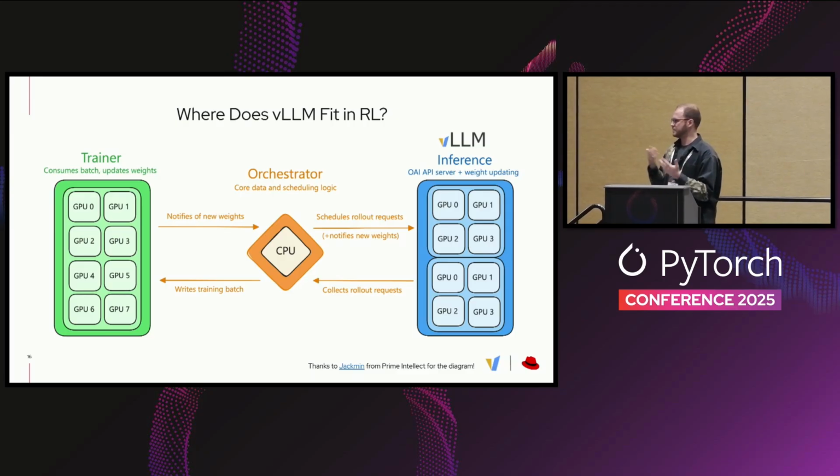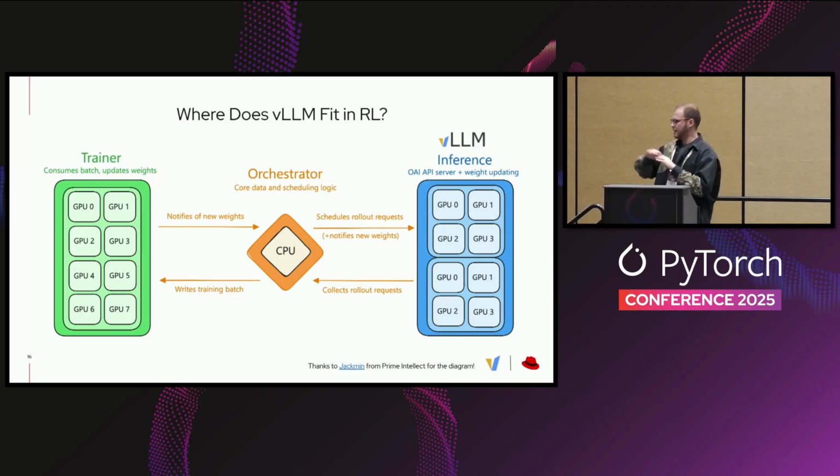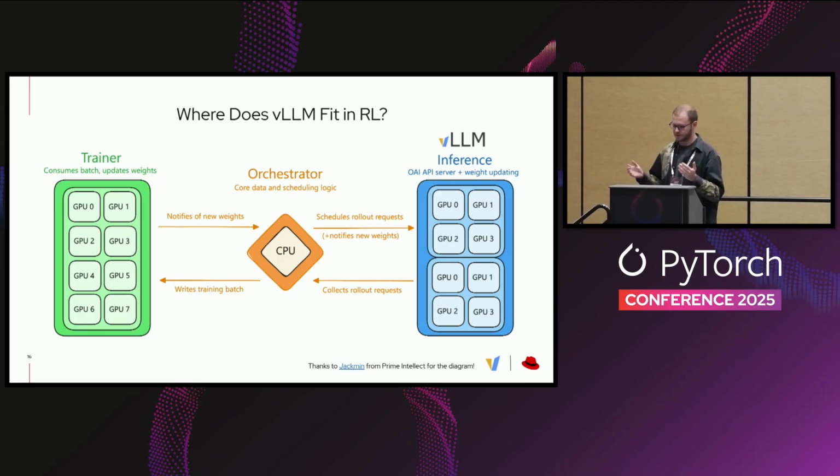getting them to communicate with each other, where the trainer has some updated weights that it wants to try out. It talks to the orchestrator to then update the inference server with those weights. And then it also schedules some new requests and completions to run on the inference server and thus the agent.